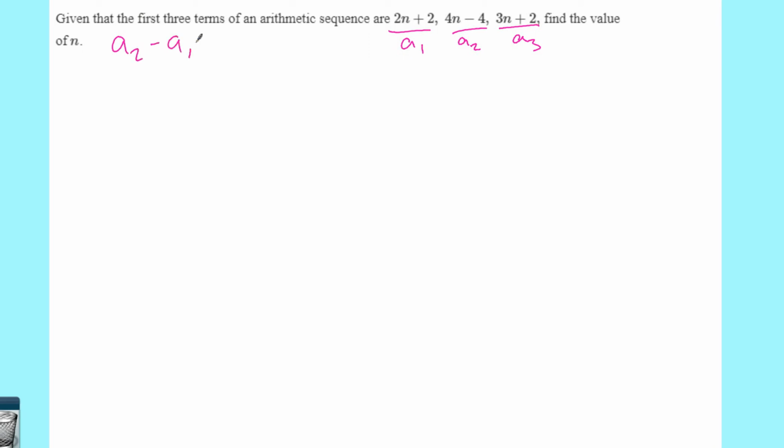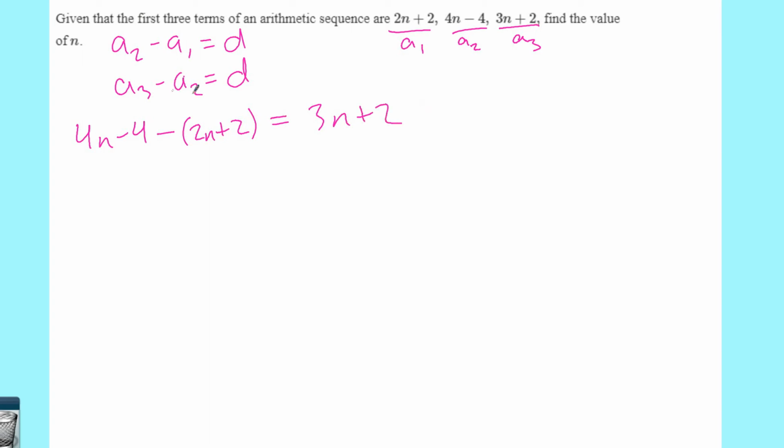So A2 minus A1 should be the difference, and A3 minus A2 should also equal the difference. So let's figure out what that gives us. We get 4n minus 4 minus the first term, which is 2n plus 2, and that should also equal the third term, 3n plus 2, minus the second term, 4n minus 4.